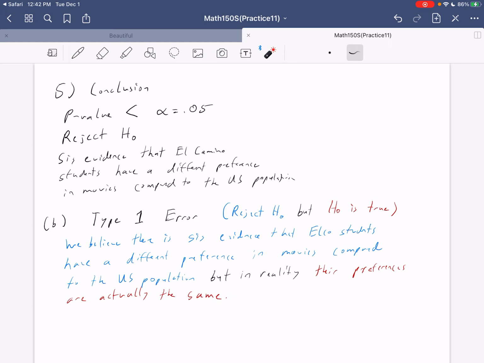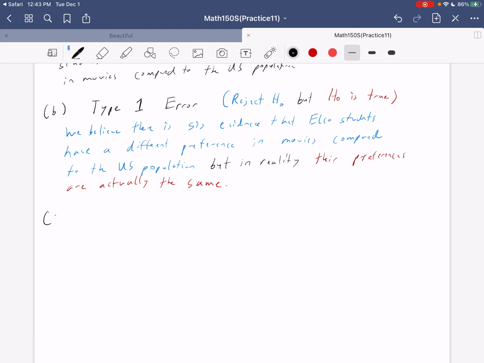So in other words, as usual, a type 1 is a false positive. We think something is going on, but it's really not. So we think that there is a difference between El Camino students and the general U.S. population in terms of movie preferences, but in reality, they're actually the same, a false positive.